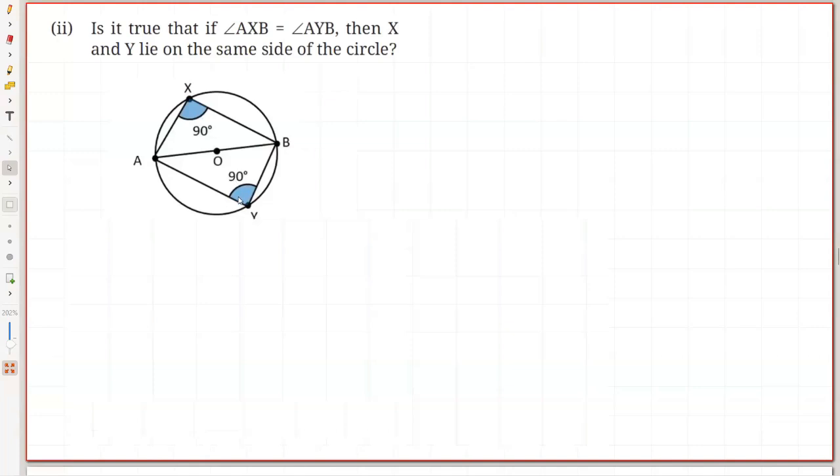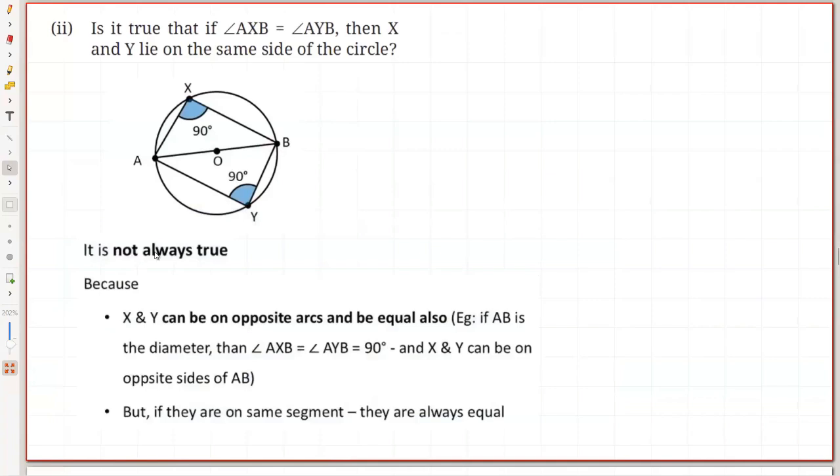Even though the angles are equal, 90 degrees and 90 degrees. Why? Because we are considering AB as the diameter. So angles in the semicircles are equal. This is 90, which means this also should be 90. So this is also possible. Therefore this is not always true, because X and Y can be on opposite arcs and still be equal.